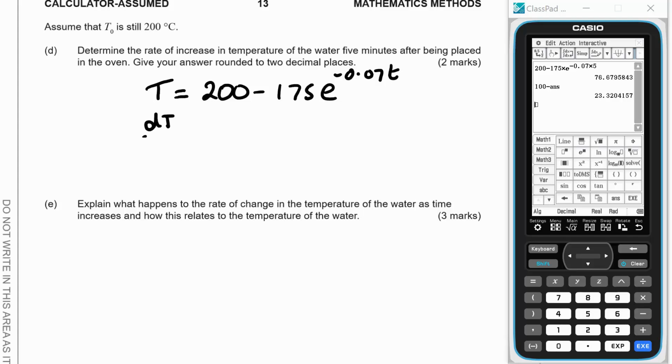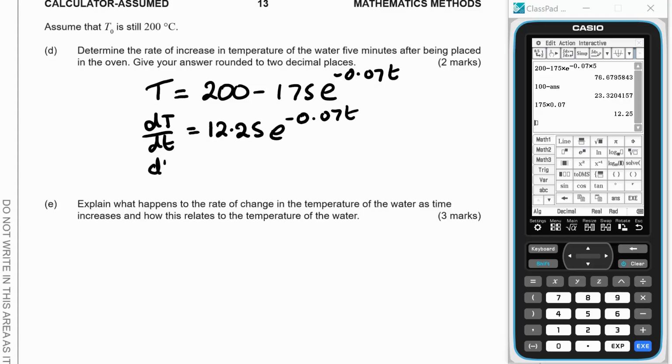So dT/dt would be, we're going to have that 175, multiply that by 0.07. The 200 obviously disappears. So that is going to be 12.25, that's the negative 0.07 times negative 175, e to the negative 0.07 t.